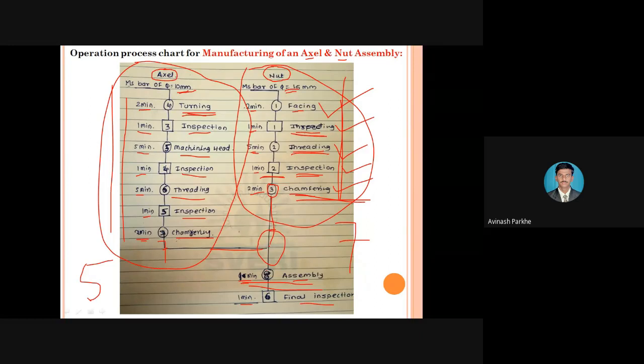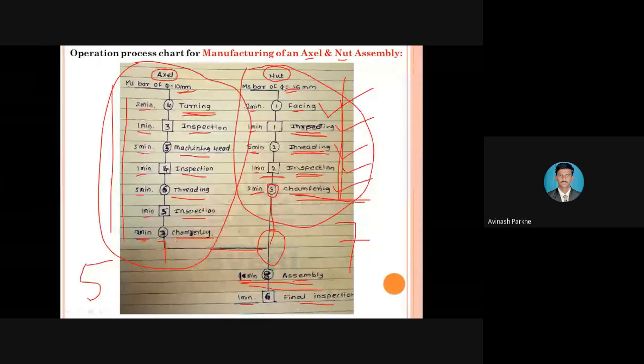To manufacture that axle, what is the sequence of operation? That sequence is also represented by this operation process chart. And after the manufacturing of the nut and axle, how the assembly and the final inspection will take place. That means from this chart, you will get the overall picture of the manufacturing process and the assembly.